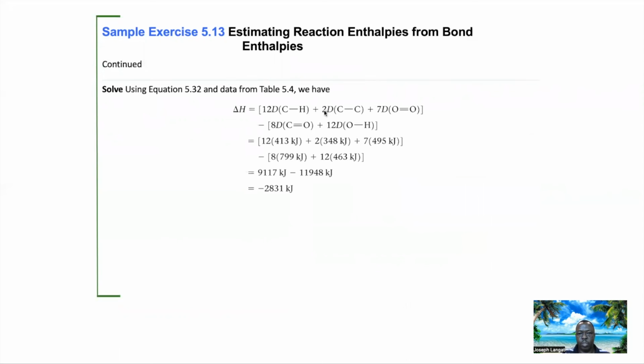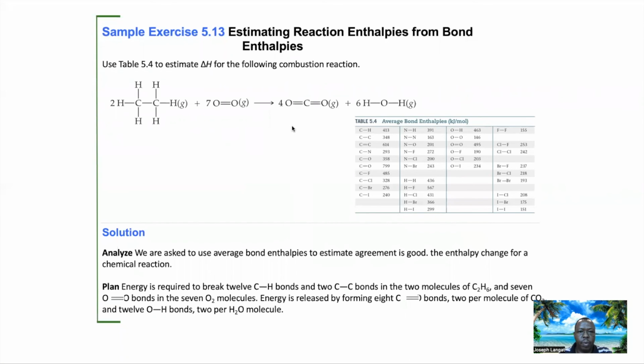And then 7 carbon oxygen to oxygen minus 8. Where is 8? If you look at this, 1, 2 times 4 is 8. We are breaking this bond and we are breaking this bond. Oxygen to hydrogen, 1, 2. We have here and there. So 2 times 6 is 12.